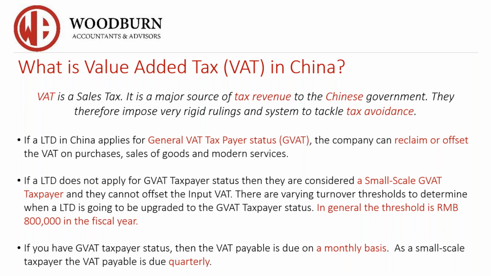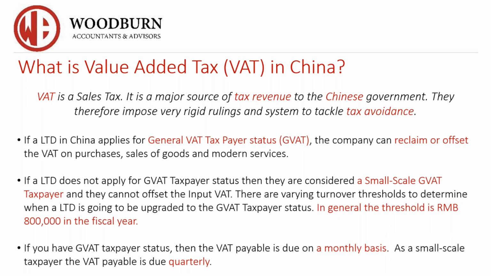However, if you reach, in general, a threshold of income matching 800,000 renminbi in a fiscal year, you will be automatically upgraded to have a general VAT taxpayer status, okay? So you've got to be aware of that threshold.